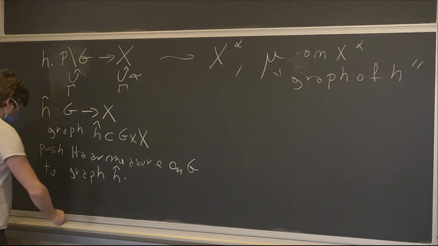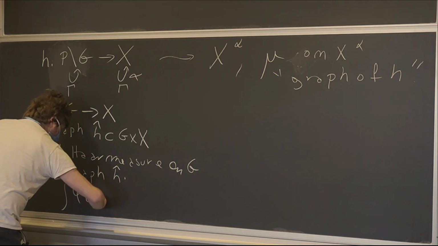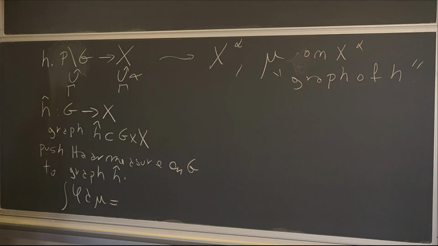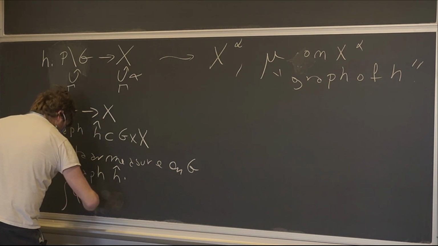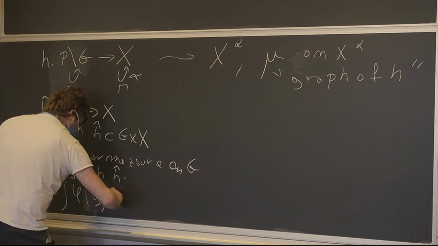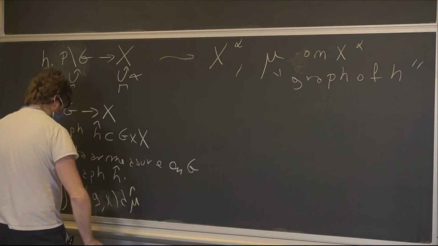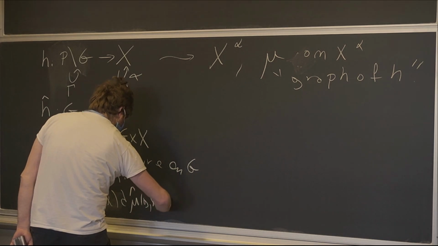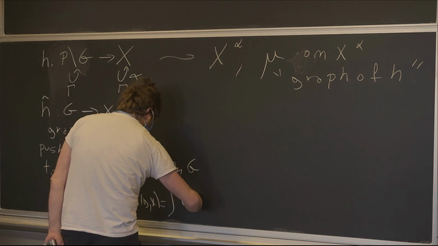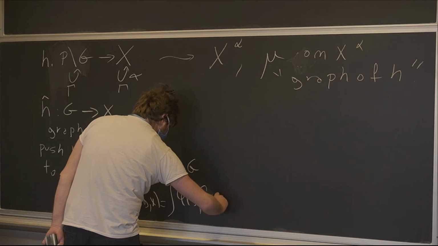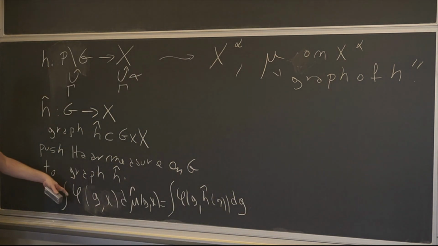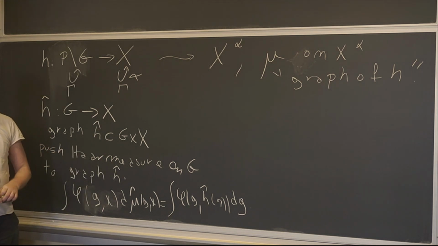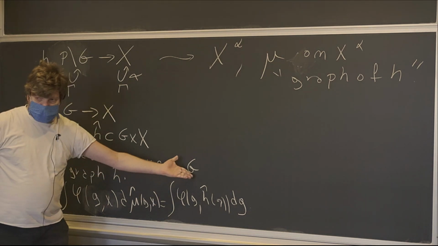The actual definition is the integral of phi d mu is, well, first d mu hat of gx, which is nothing but the integral of phi of g, H hat of g, dg, for phi some compactly supported function on this product space, and then this is well defined.